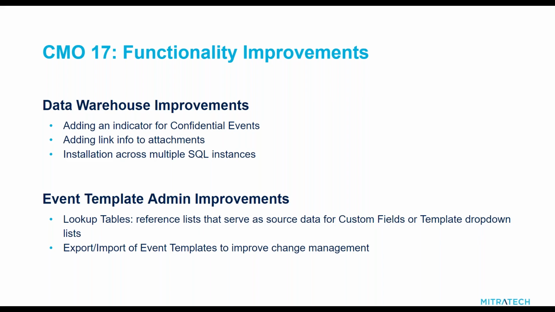So if there is a list that is used in 3 or 4 different templates, rather than having to change each of those templates individually, we can now change the lookup table either manually or through the previously mentioned API, and that then allows it to propagate through all of the templates that might reference that lookup list. So it's just easier to maintain those lookup lists.